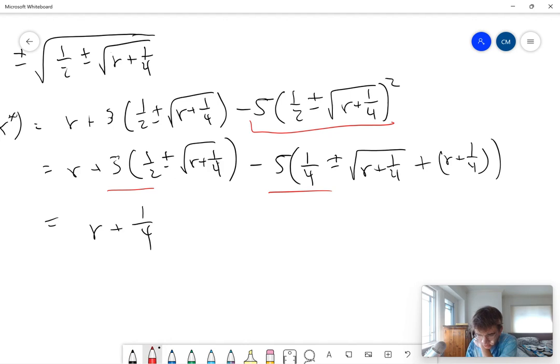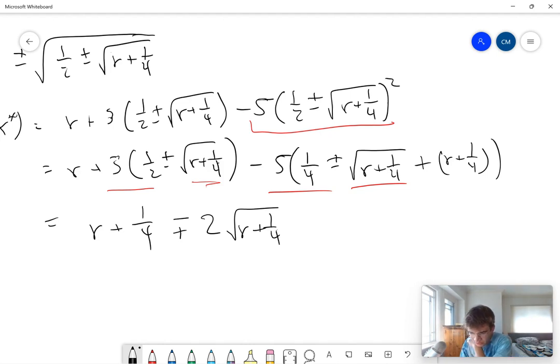And then here I have a 3 plus or minus root r plus 1/4, and I have a negative 5 plus or minus the same. And so I'm going to be left with a minus plus 2 square root of r plus 1/4. And then finally we have a minus 5 r plus 1/4.